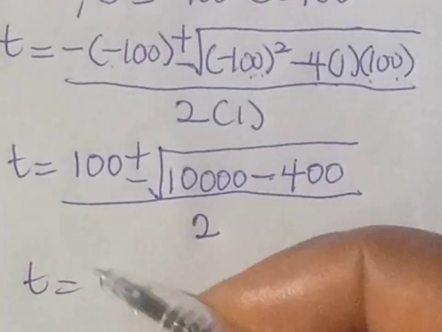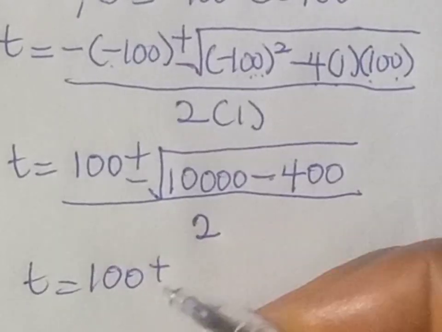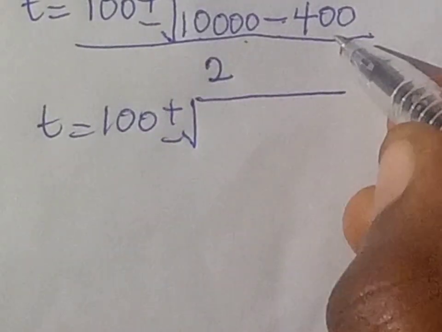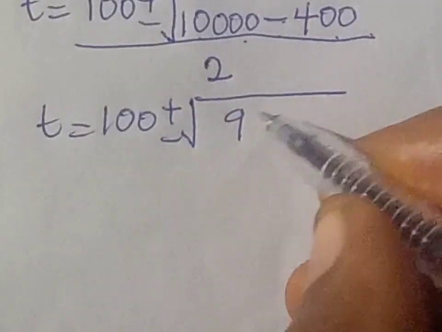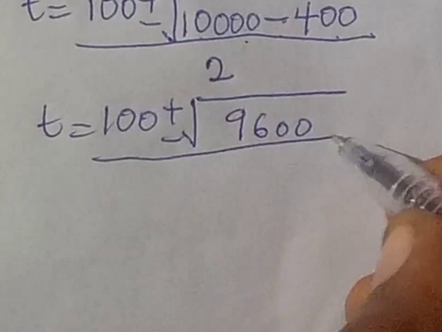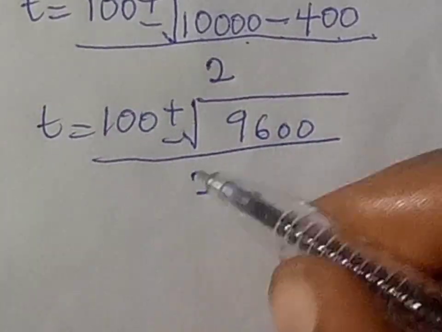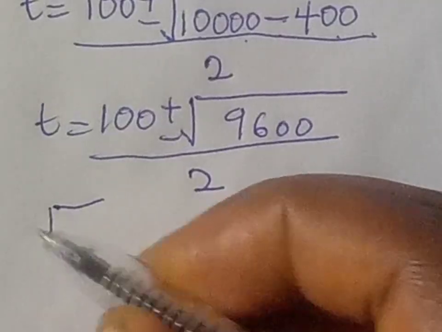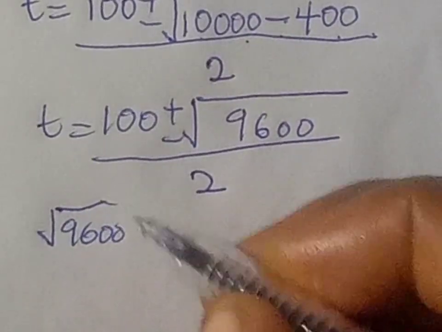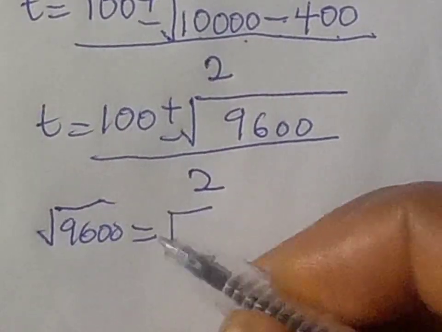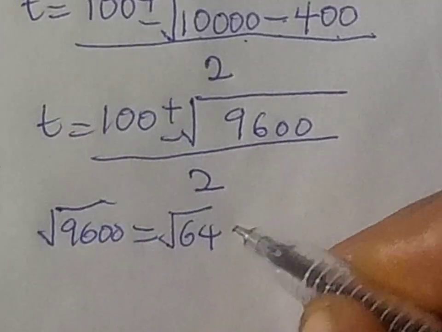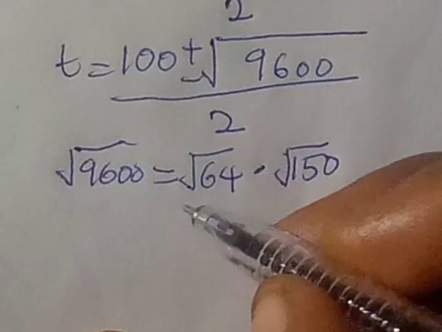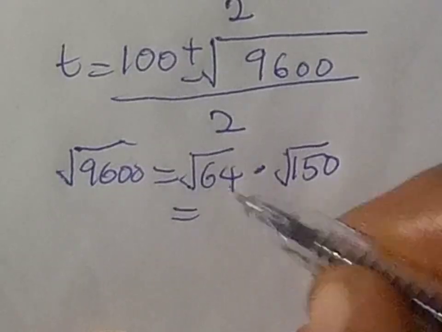T equals what? 100 plus or minus square root of 10,000 minus 400 will give us 9,600, divided by 2. Let's simplify the square root of 9,600. So square root of 9,600 equals square root of 64 multiplied by square root of 150, which will give us square root of 64 is 8.